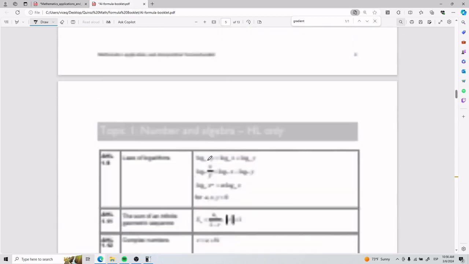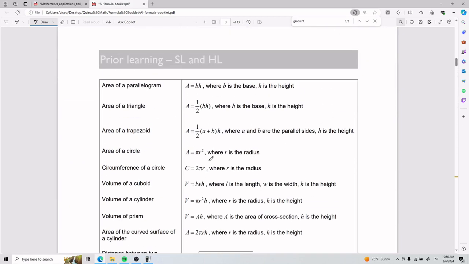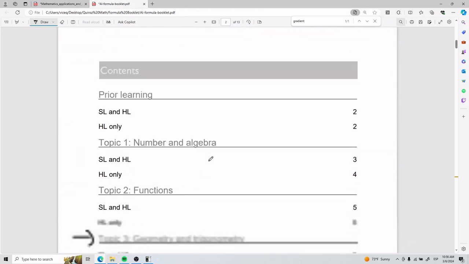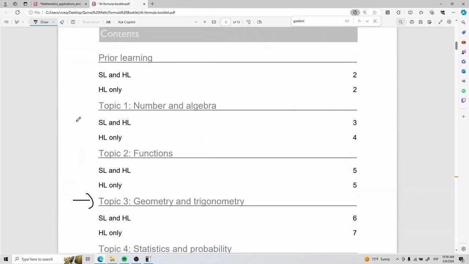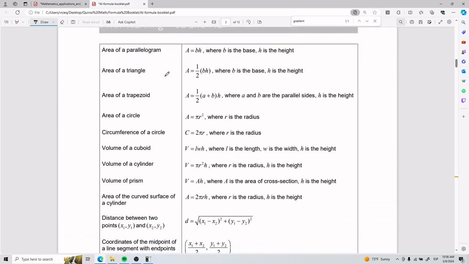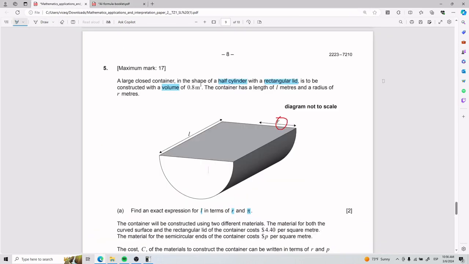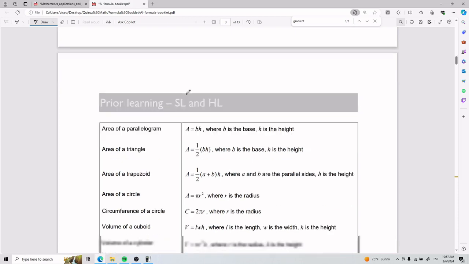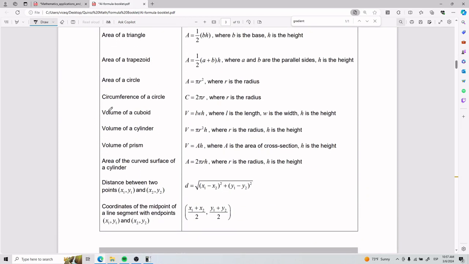So let's look again, maybe up here. For some reason, it's under numbers and algebra, I don't know why. This is why it's important to get familiar with the formula booklet to know what's in it. I know the volume of a cylinder is in here, I just wasn't sure where. So I keep digging, and there it is, volume of a cylinder.